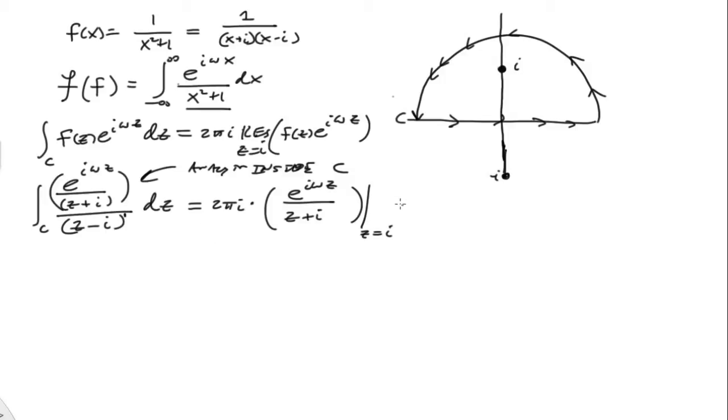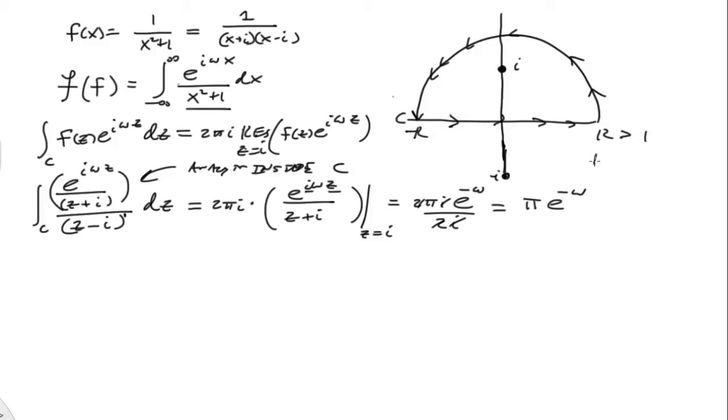Okay, so let's calculate what that is. That becomes 2 pi i all over 2i times e to the negative omega, because i times another i makes a negative 1. So those cancel there, and we get pi e to the negative omega. That's true provided our capital R is bigger than 1.